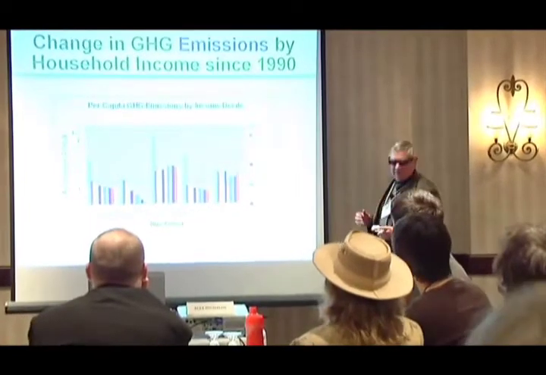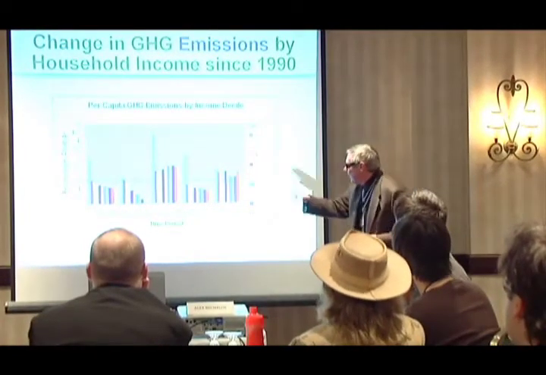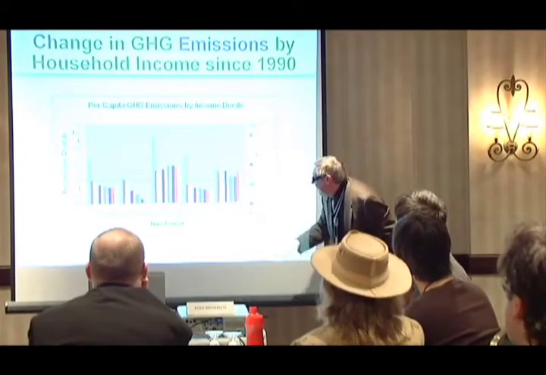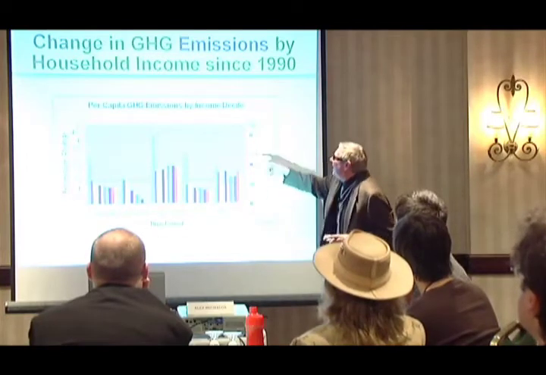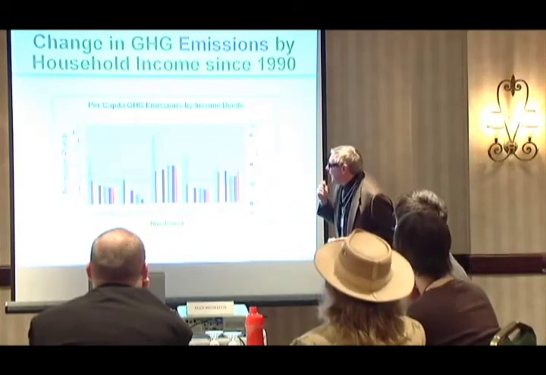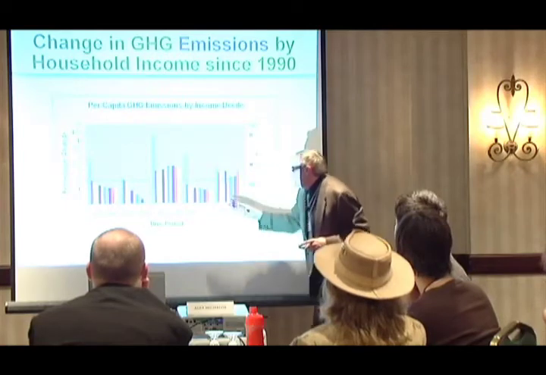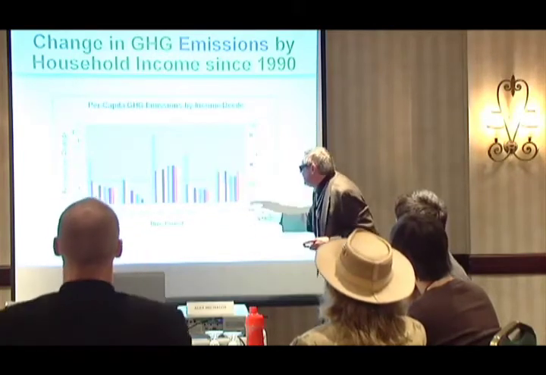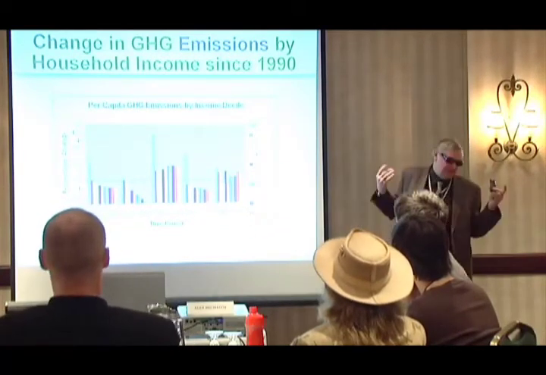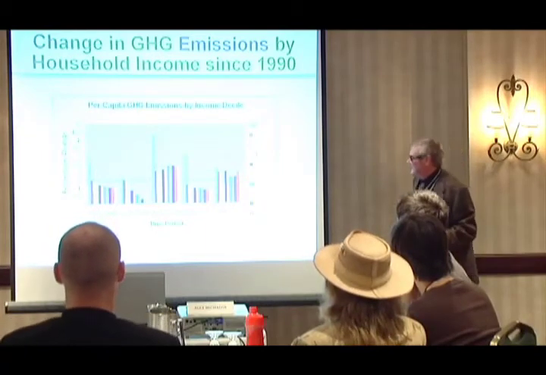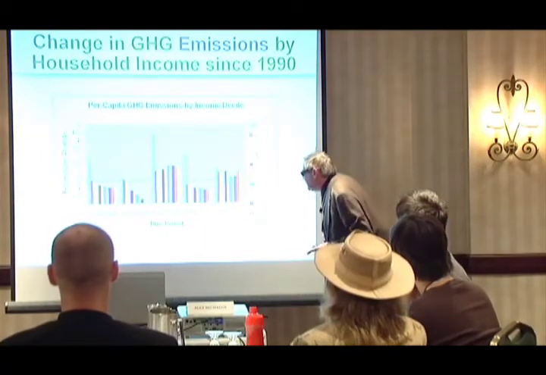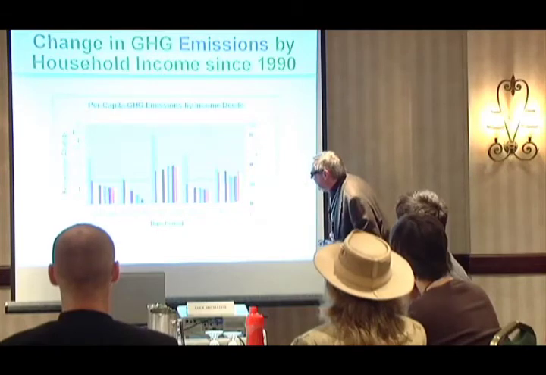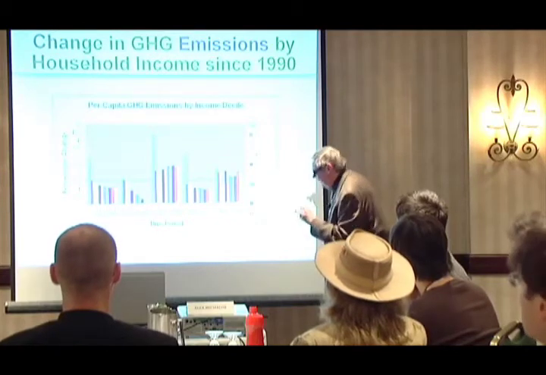Now, this gets a little busier, because we've got all the 10 income deciles and the greenhouse gas emissions per capita. And what really stands out in every one of these 5 segments is the bottom. The bottom just has the higher growth in all those segments.